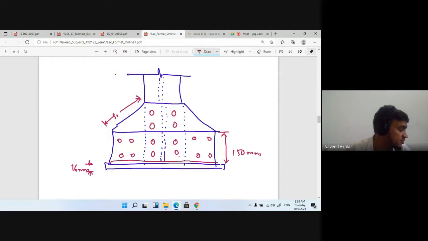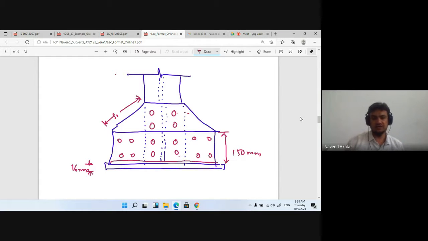You can find the edge distance and end distance. The distance you measure in the direction of force is the end distance. If you are measuring the distance from the edge of the plate to the center of the bolt, perpendicular to the direction of force, that is called the gauge distance.